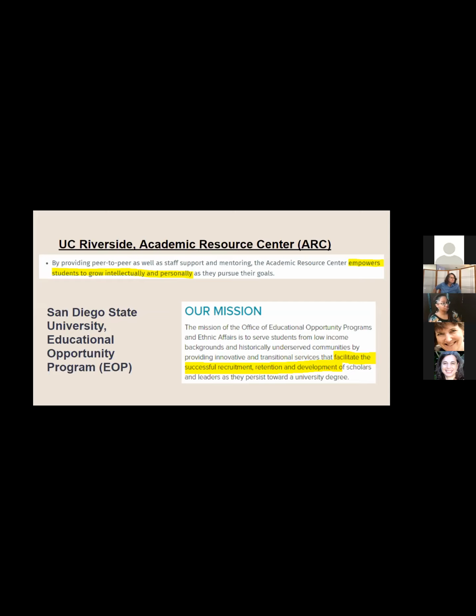Students can help you imagine, right? We don't have to be in a lab and try to figure it all out on our own. We can definitely go straight to the source and have them help us figure out what success could look like.